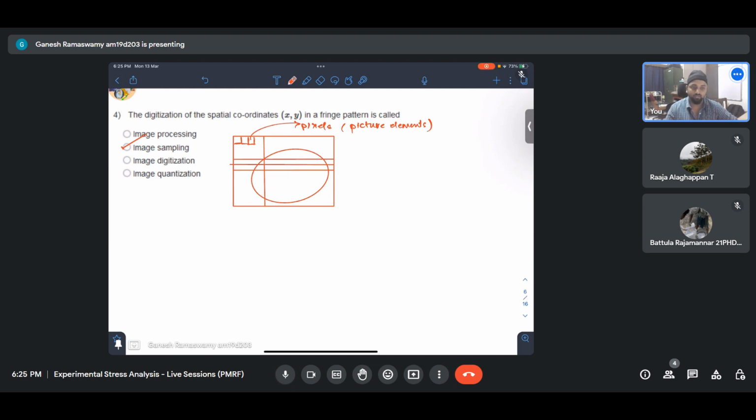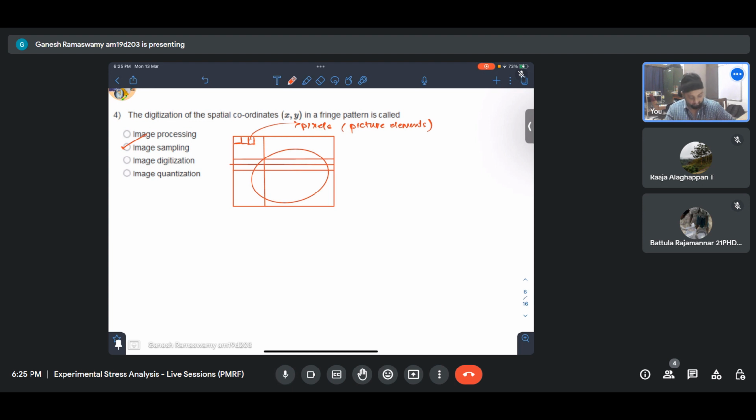What will happen is that the light that gets absorbed by the sensor will release some electrons and give out some voltage. So how do we quantify that? The response of that silicon wafer, converting intensity data to voltage data, is our quantization.